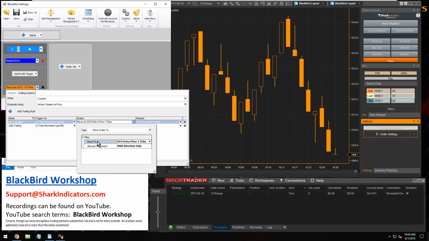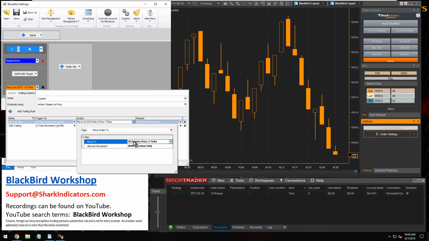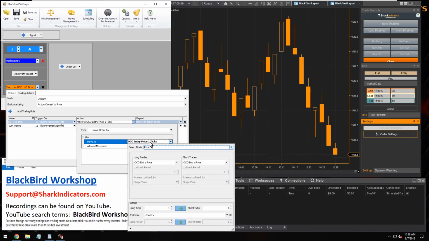And so the action, if we take a look at this, we're taking the entry price of the order and then adding 1 tick. That's what a break even is. A break even is just another way of saying the entry price for that order, and this is a break even plus 1.